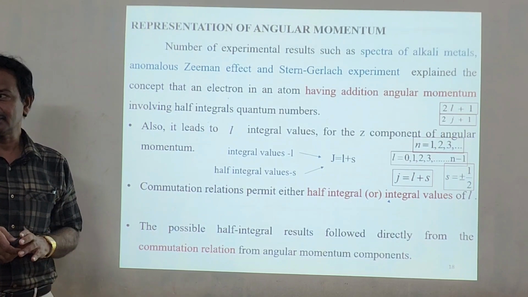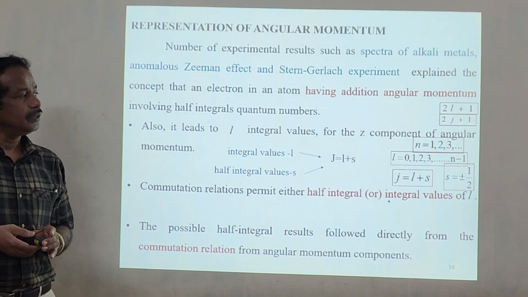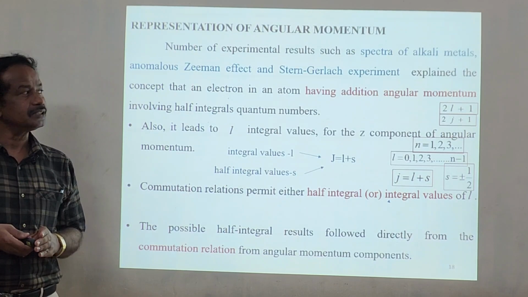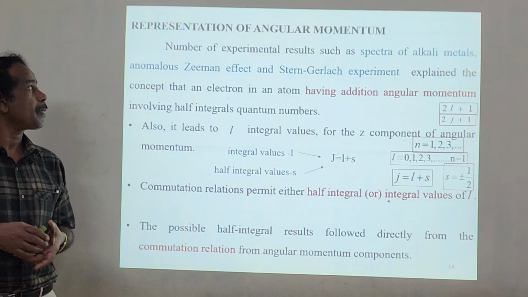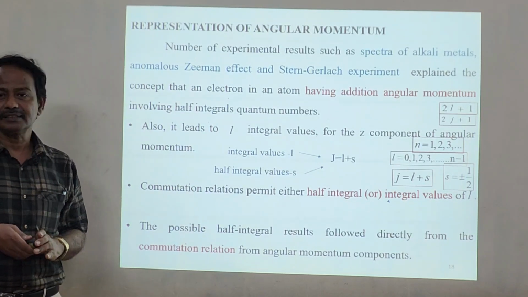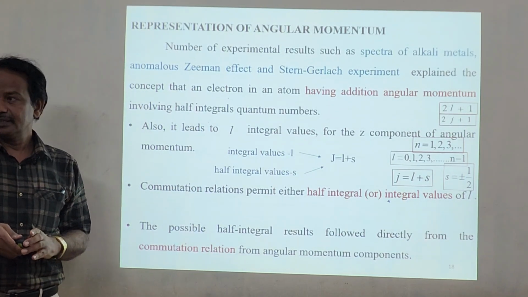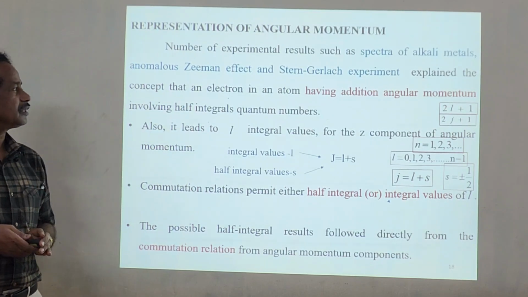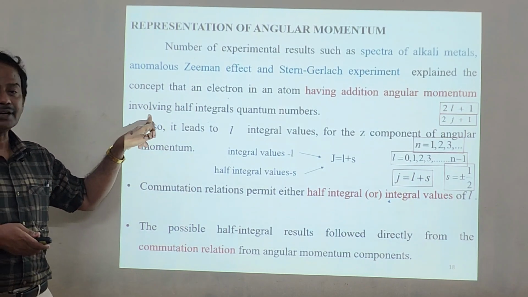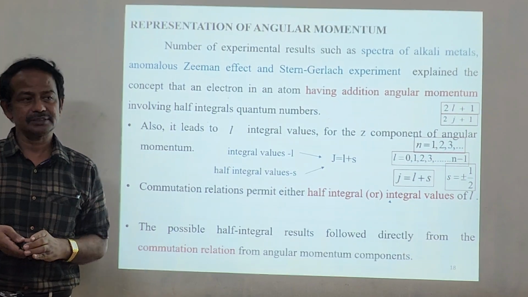This is the base in quantum mechanics. And certain experiments, especially spectra of alkali metals, the anomalous Zeeman effect and the Stern-Gerlach experiment, prove that some additional angular momenta exist that involve half integral quantum numbers.